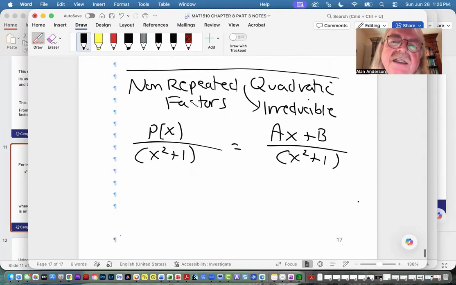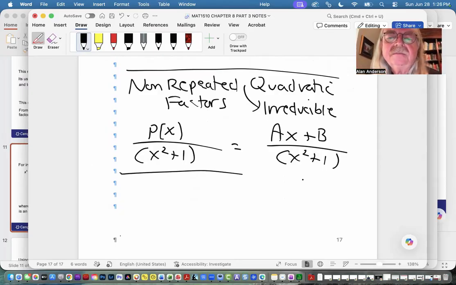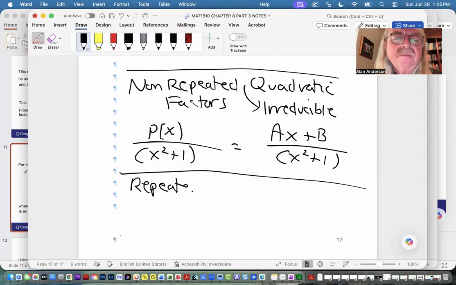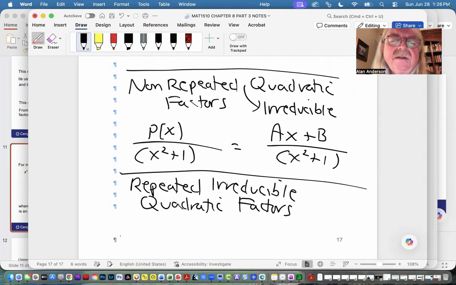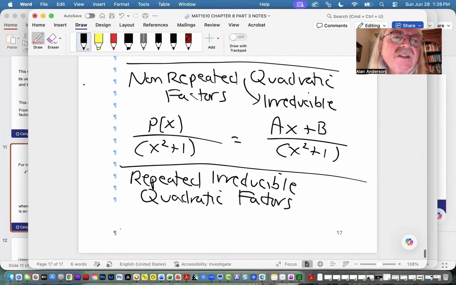Okay. And if we had repeated irreducible, that's understood, quadratic factors, what happens then? Let's see.